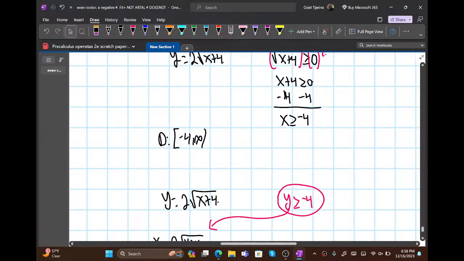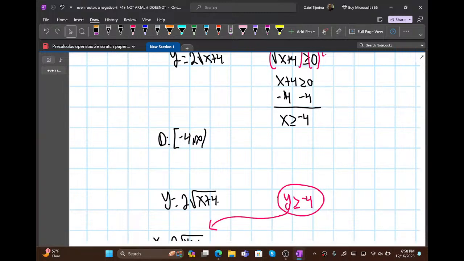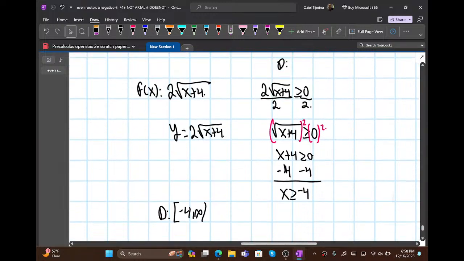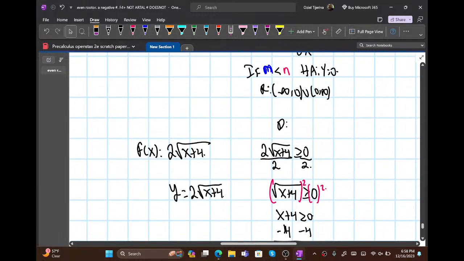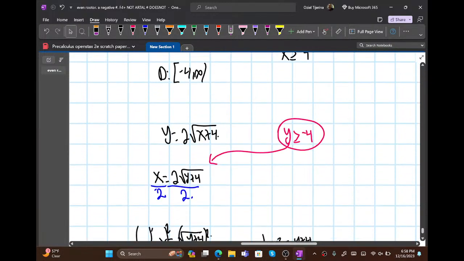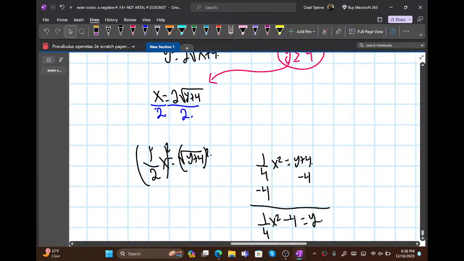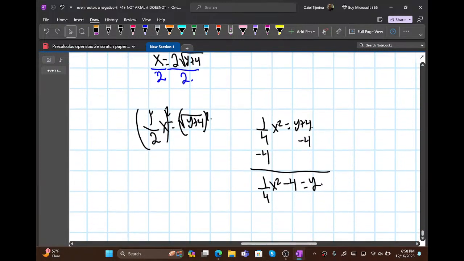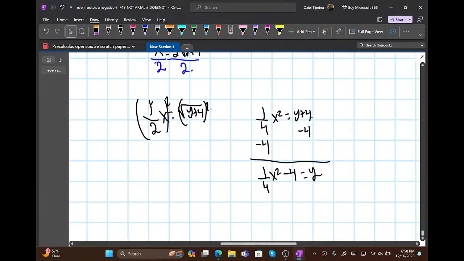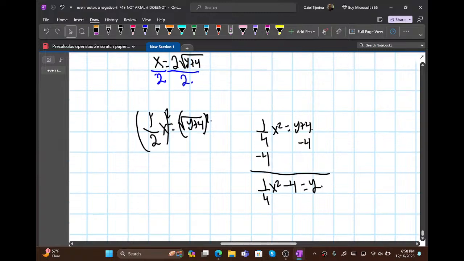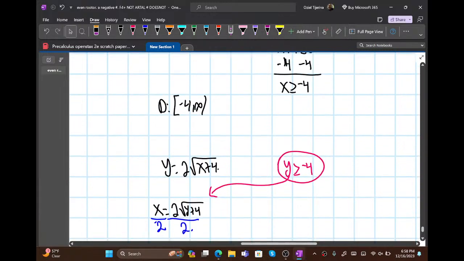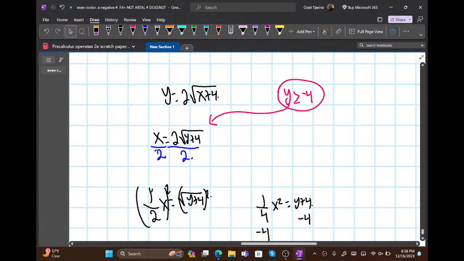So I know that the domain is from -4 to infinity, but the range is always the one that always gets me here. It is an interesting one. Let me think about it, guys. I'm sorry. It is a hard one.